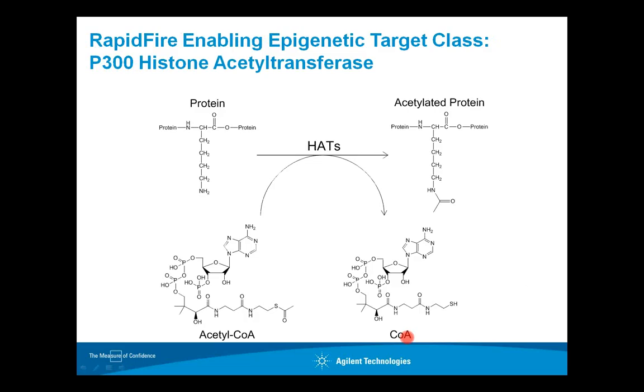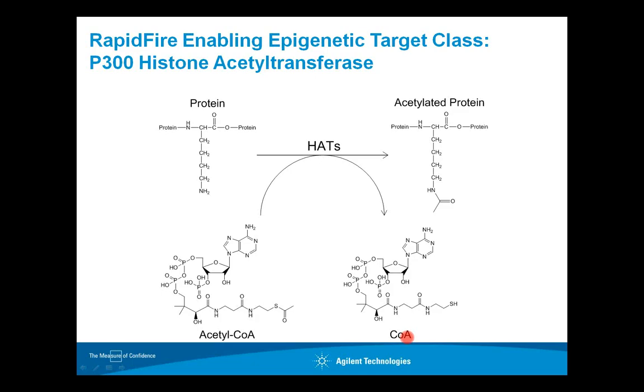What we're looking at here is a reaction, an example of RapidFire enabling epigenetic target classes. The field of epigenetics focuses on investigation of enzymes that alter gene expression through modification of their target substrates, frequently by adding or removing acetyl groups. Historically, studying the activity of such enzymes in a high-throughput manner has been very challenging due to the relatively small molecular alterations that we're looking at.